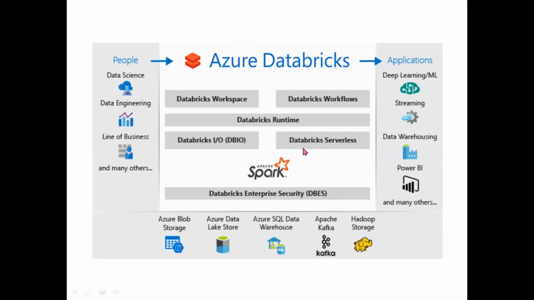All the consumers can use the data ready-made, get some insights, and take it to the next level. So if you see, there are two sides: the data generators and the data consumers. In between, Azure Databricks fits in, and it gives you an intuitive environment to process the data at scale using Spark, and then the data can be used by multiple applications.